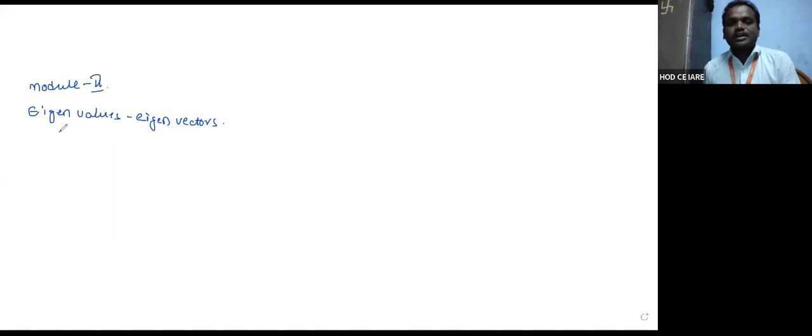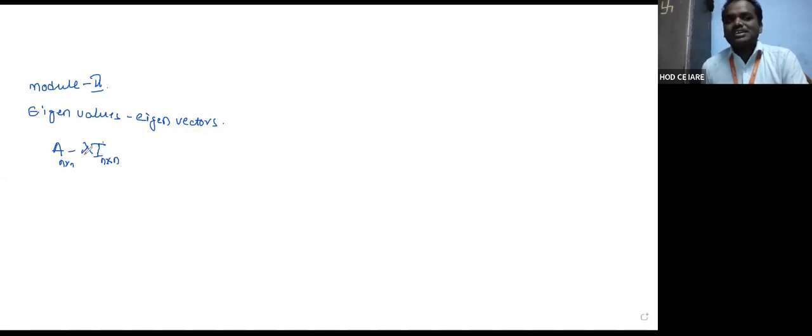How we find the eigenvalues: for a matrix A, we take A minus lambda I, a characteristic polynomial. Here A is a given square matrix, and I is the unit matrix of the same order, n by n.